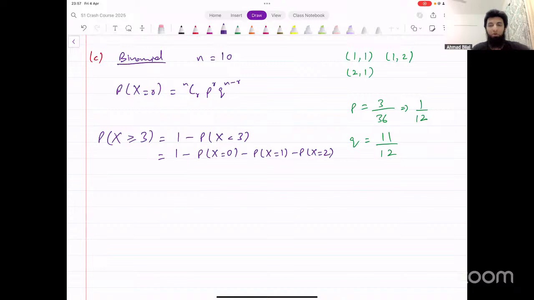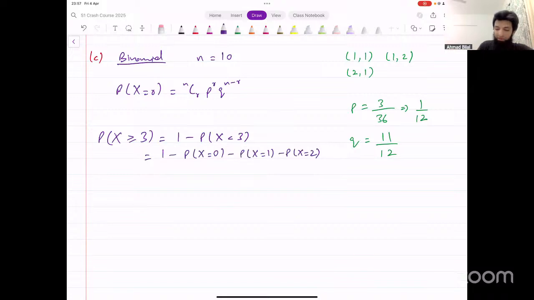In binomial, you can also have 0. Right? The number of successes can be 0 as well. In geometric, you can't have 0, because in geometric, we're talking about number of attempts. Getting your first success on a certain attempt. You can't get your first success on the 0th attempt, right? That's not possible. So in geometric, we don't have 0. In binomial, we also have 0.